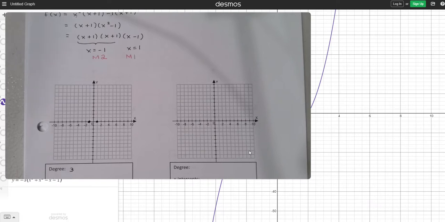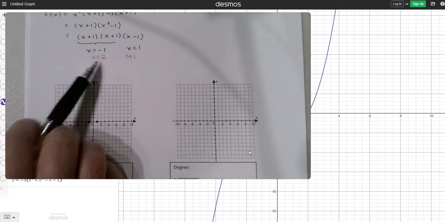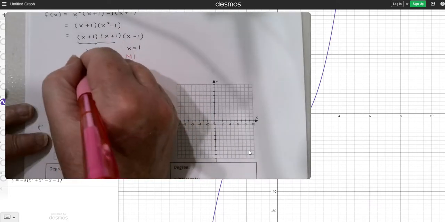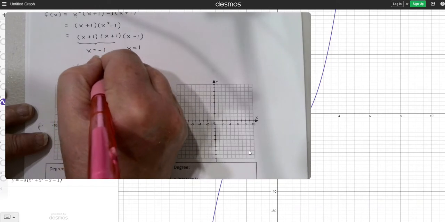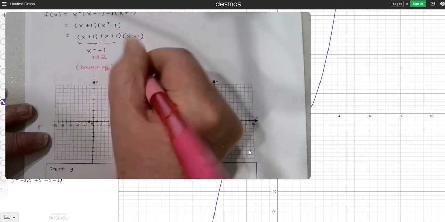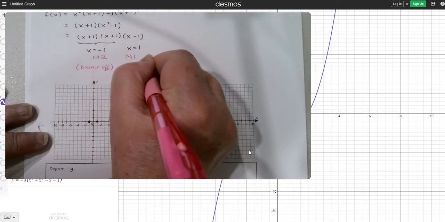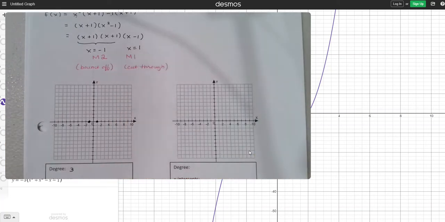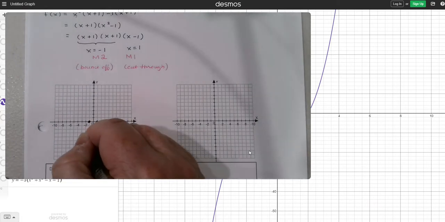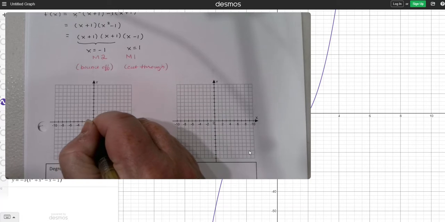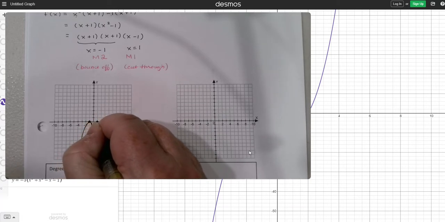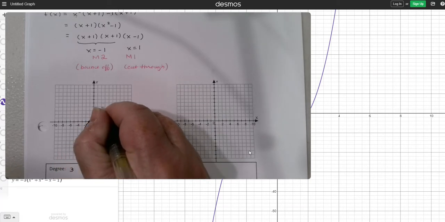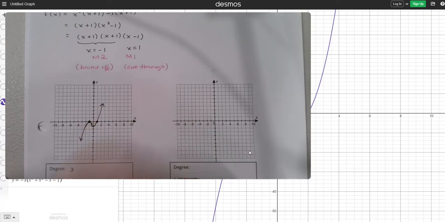So I think I kind of know what to do here. The multiplicity 2 is going to be a bounce off, right? Multiplicity 1 is going to be a cut through. So if I went to graph this, I would start down to the left. At negative 1, I'm going to bounce off, and I'm going to come back up and cut through.